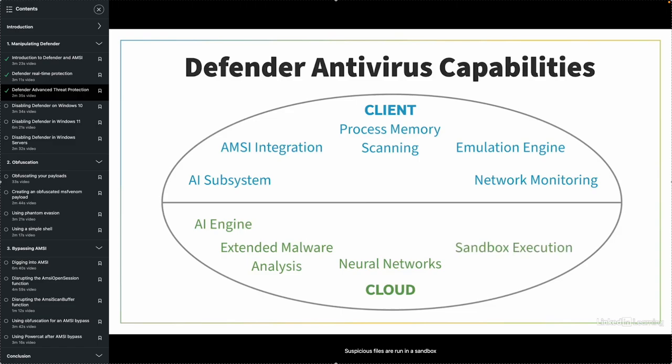Suspicious files are run in a sandbox to detect any malicious activity. And reputation checks are conducted on URLs, emails, and files. In short, Defender is much more than just a signature matching capability. It's a sophisticated anti-malware solution which should not be underestimated when pen testing.